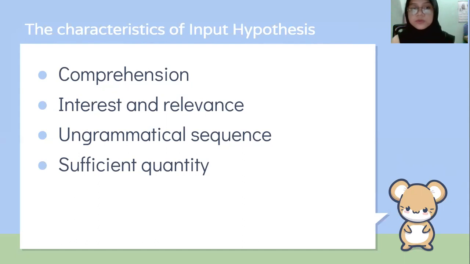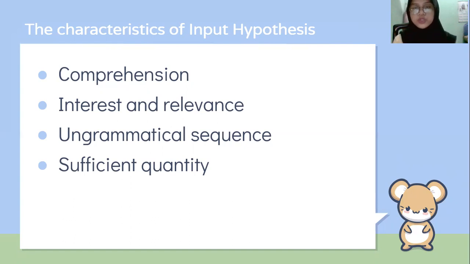And next, we have sufficient quantity. Krashen claims that learning a new language not only needs several exercises, but also needs continuous conversation and reading, which is interesting and full of content. So, in acquiring a second language based on input hypothesis, we have to do continuous conversation and reading.